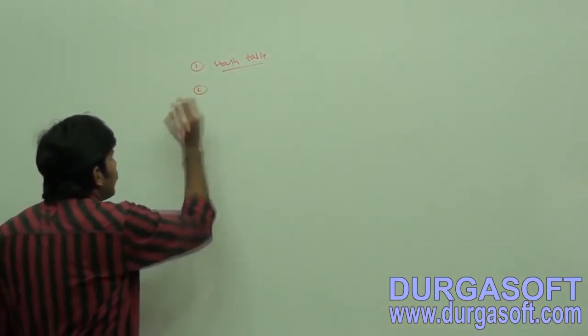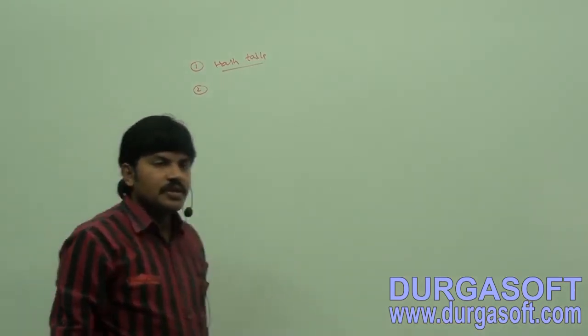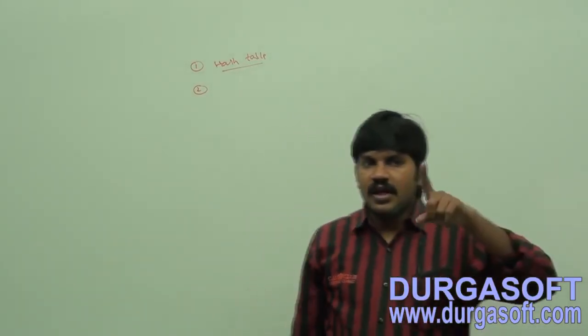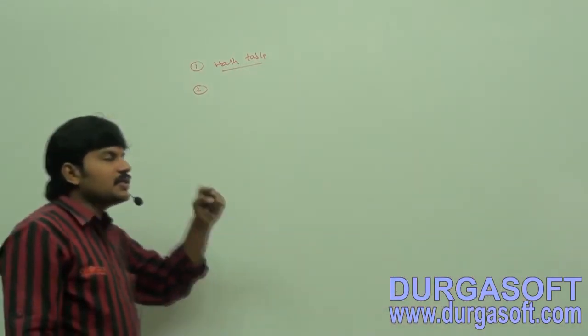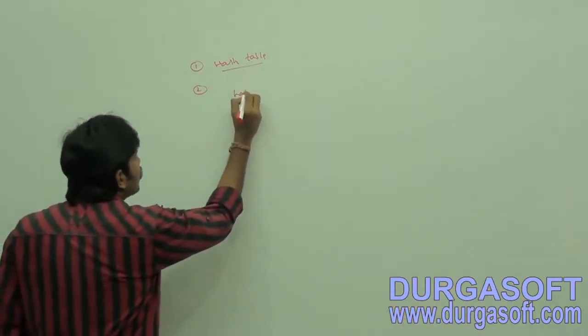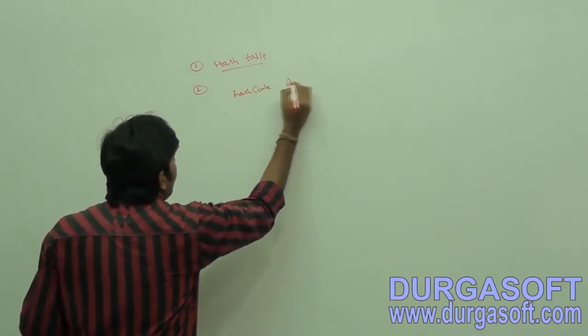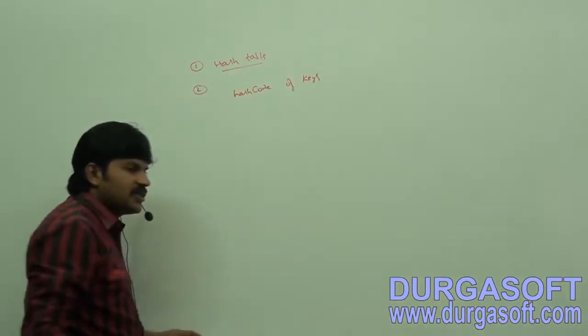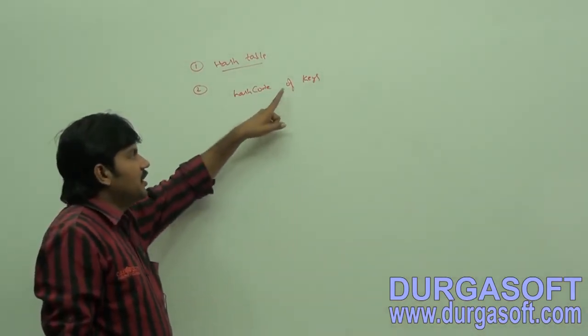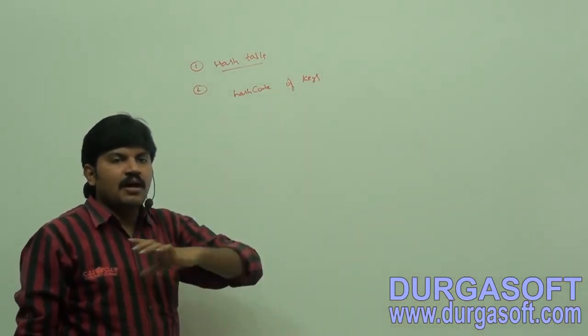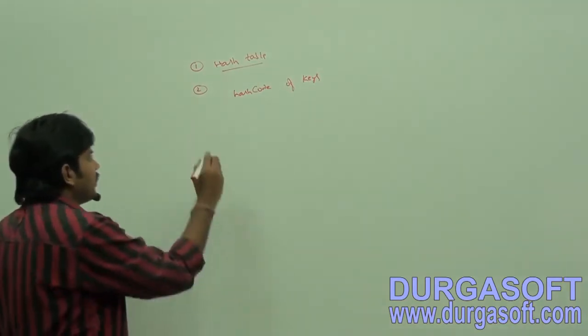Next, is insertion order preserved or not preserved? For a hashing related data structure it is not preserved, and it is based on the hash code of keys, not based on the hash code of values, only keys. All key value pairs by default will be inserted.